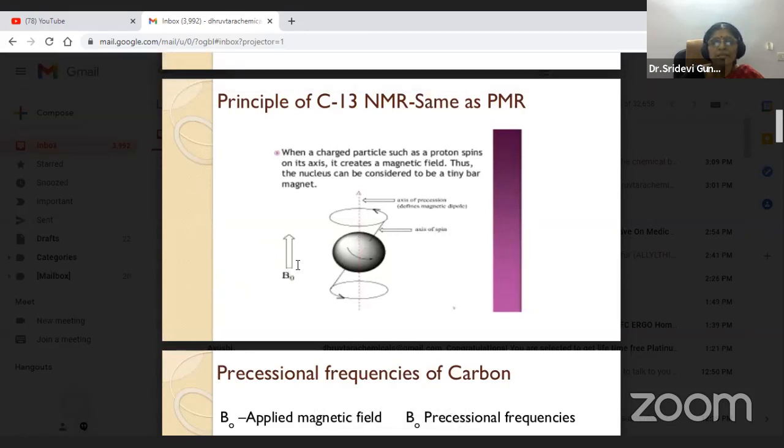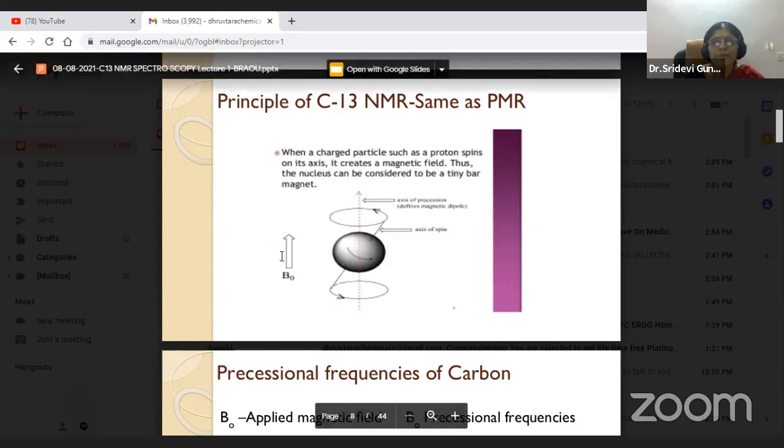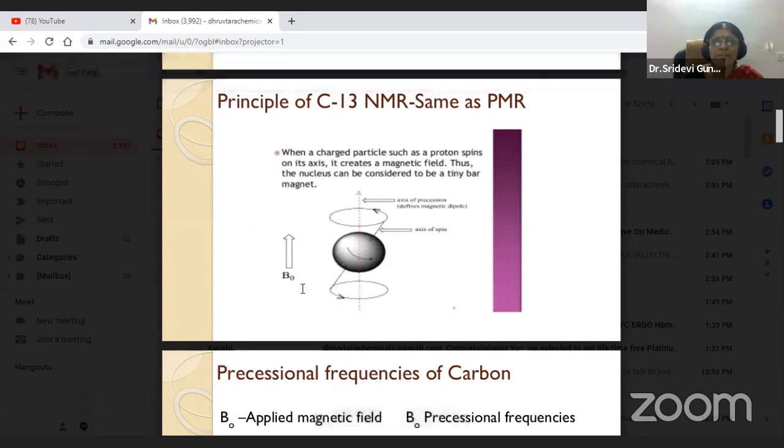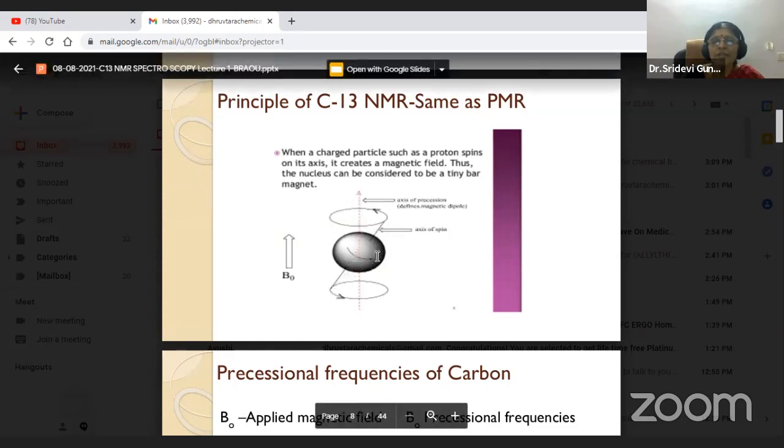That is their character. That spinning magnetic nucleus will undergo a characteristic motion we call precession. You must have seen a top moving in the Earth's gravitational field; when it is about to fall, it moves like this. The nucleus is also a tiny magnet.